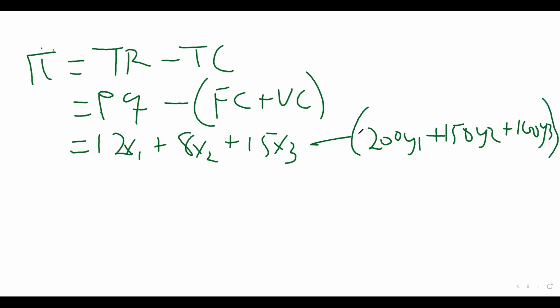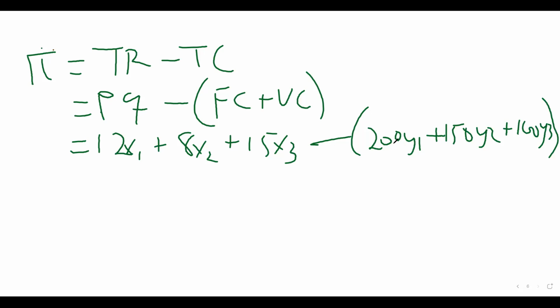Now, you already know that the value for Y1 is either 0 or 1, isn't it? So if it is 0, then the whole of the 200 is gone. If all of them are 0, 0, 0, then there is no fixed cost. So remember, eventually, we know that the 200 is a fixed cost, all right.